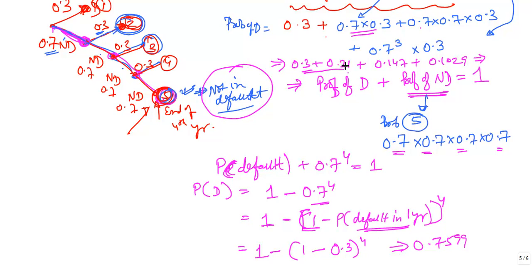So 0.3 plus 0.21 is 0.51, plus 0.147 is 0.657, and then 0.7599. This is the same, so you will get this.